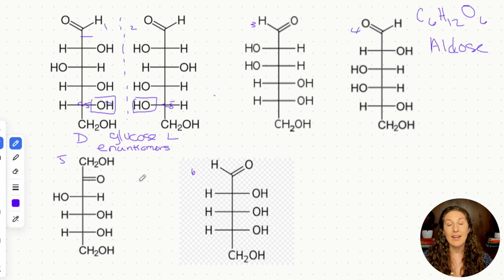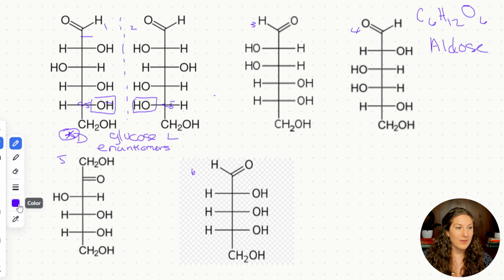So D and L forms of the same sugar, D-glucose versus L-glucose, D-galactose versus L-galactose, are always going to be enantiomers of each other. So we have here the D form and the L form of the sugars. Now for you to know, all of our sugars in our human bodies are always going to be D sugars. All right, so typically speaking, if it's in the human body, if you have to guess, it's going to be a D sugar, but now we know how to identify it. All right, and that is glucose.